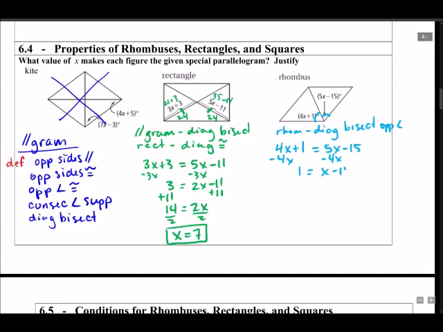And x minus 15, add 15 to both sides, and x equals 16. This value of x will give us congruent angles here. So 16 times 5, that's 80 minus 15 equals 65. So that angle is 65 degrees. And 16 times 4, that's 64 plus 1, also 65 degrees. So yay, that worked out exactly like it was supposed to.